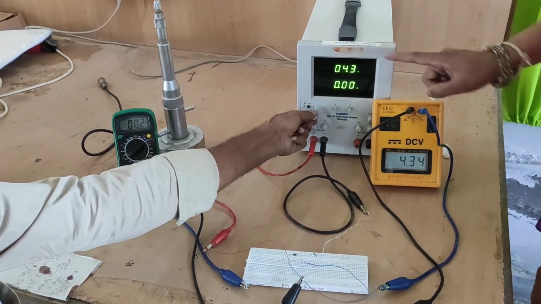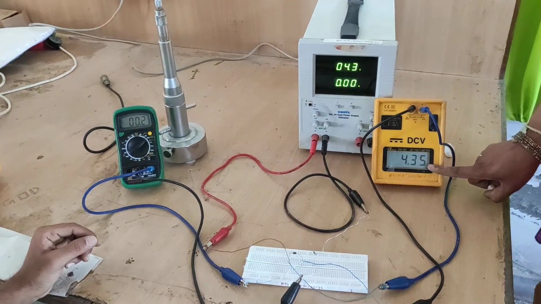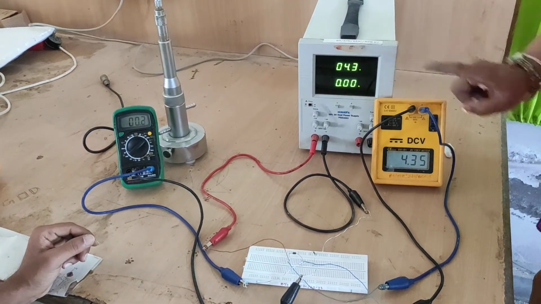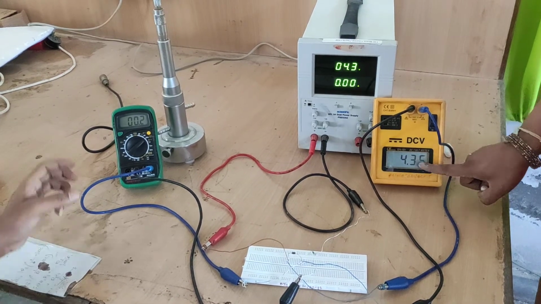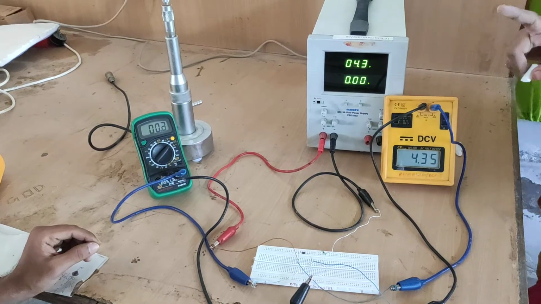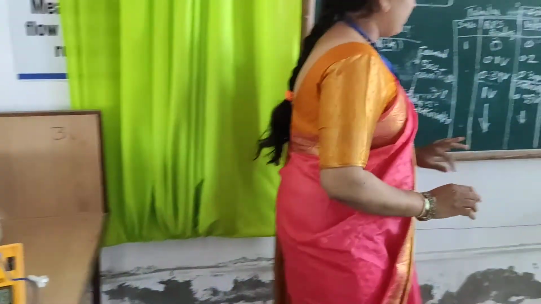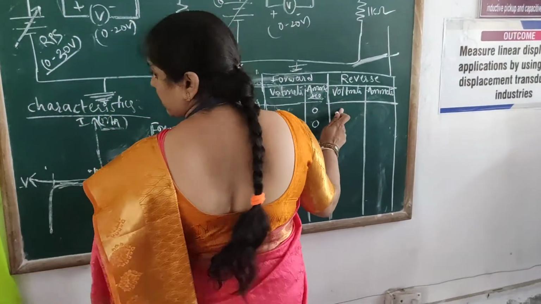See here, RPS shows 4.3 volts, the voltmeter shows 4.35 and the ammeter shows 0.2 microamperes. You can note down these three values in the tabular column.